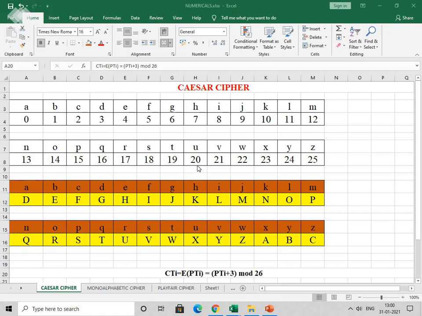The Caesar cipher is the oldest and simplest substitution cipher. In this cipher, the ciphertext is generated by shifting each letter from the plaintext by the same distance, right? This Caesar cipher was used for private communication.